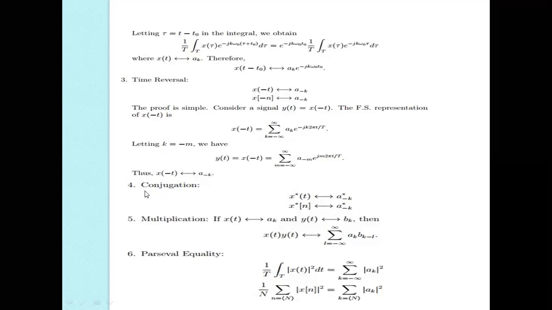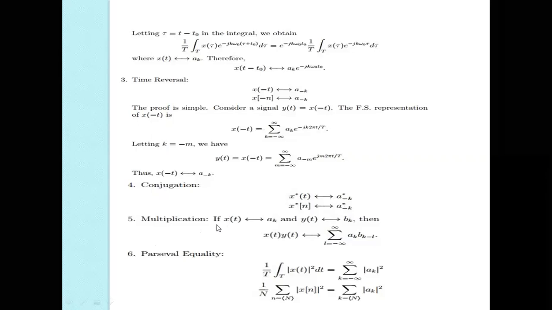Now conjugation, x star of t corresponds to a star of minus k. x star of n, you don't call it is equal to, they are Fourier series pairs. x star of n has the Fourier series a star of minus k.